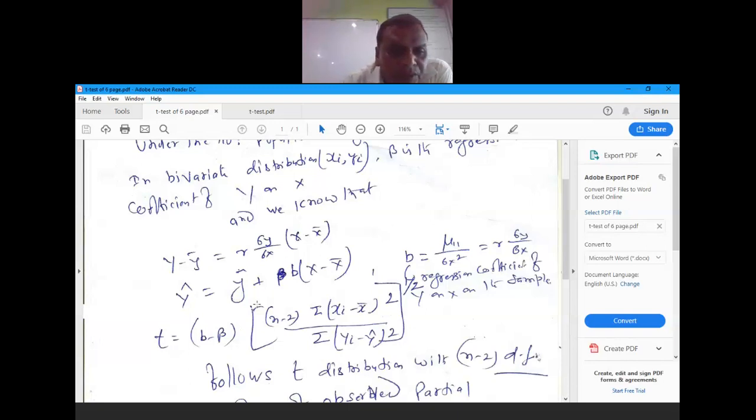So t is equal to a small b minus beta under bracket n minus 2 into summation xi minus x bar whole square, divided by summation yi minus y hat whole square, and whole to the power half, and this follows t distribution with n minus 2 degrees of freedom.